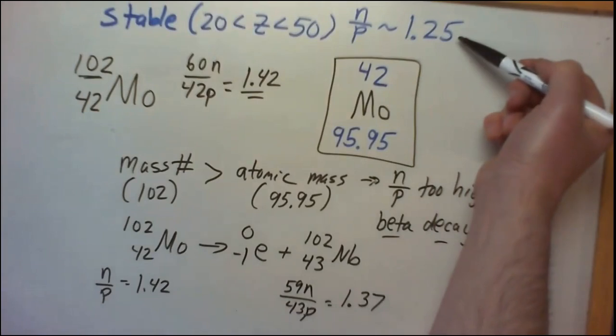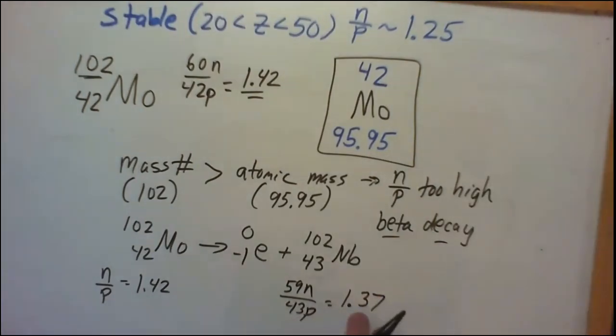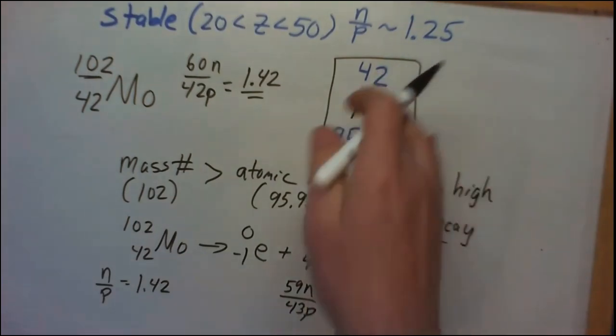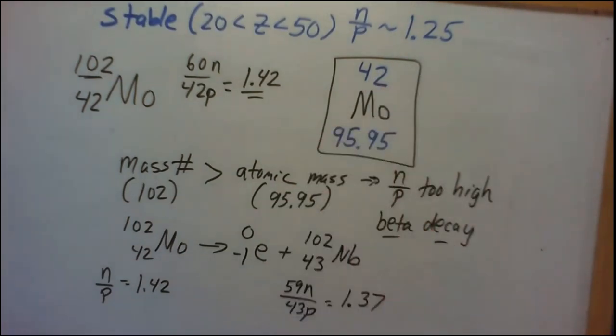It's still higher than we expect, but we're moving closer to that belt of stability. We're getting closer to this ratio of about 1.25 for these size isotopes. So would it be surprising then if this isotope also further undergoes radioactive decay to get even closer to this 1.25 neutron-proton ratio?